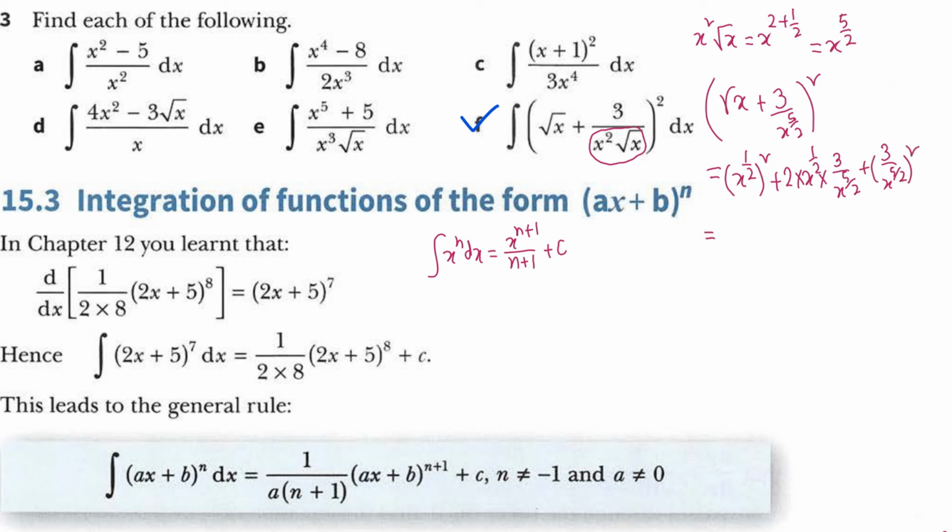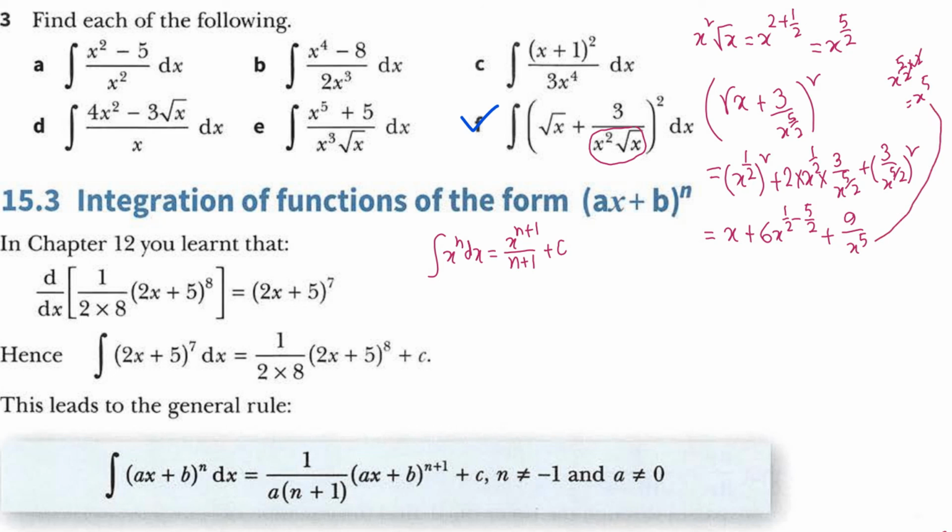Let me break it down. X to the power half squared gives us x, plus 6 x to the power half minus 5 by 2, because we needed to separate that term, as one is below and another is up. Then the last one is 9 over x to the power 5, because 3 square is 9, and if we multiply x to the power 5 over 2 with a power 2, we can cut out, then it gives us x to the power 5.